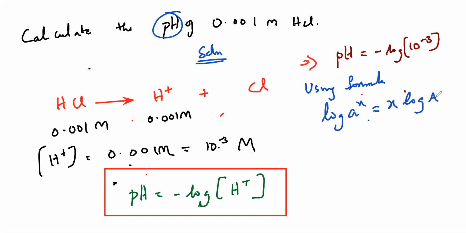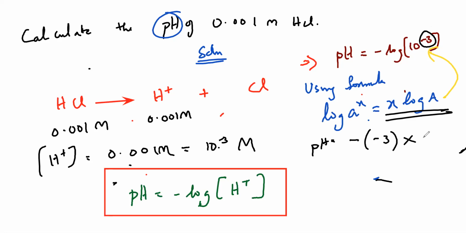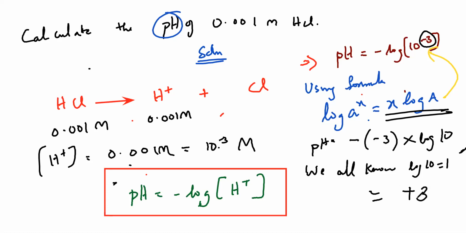If I use this formula for log of 10 power minus 3, I'll get pH is equal to minus this x log a. So what is my x here? Minus 3. So minus into minus plus, into log 10. We all know that the log 10 value is 1. So the answer is pH is equal to plus 3.